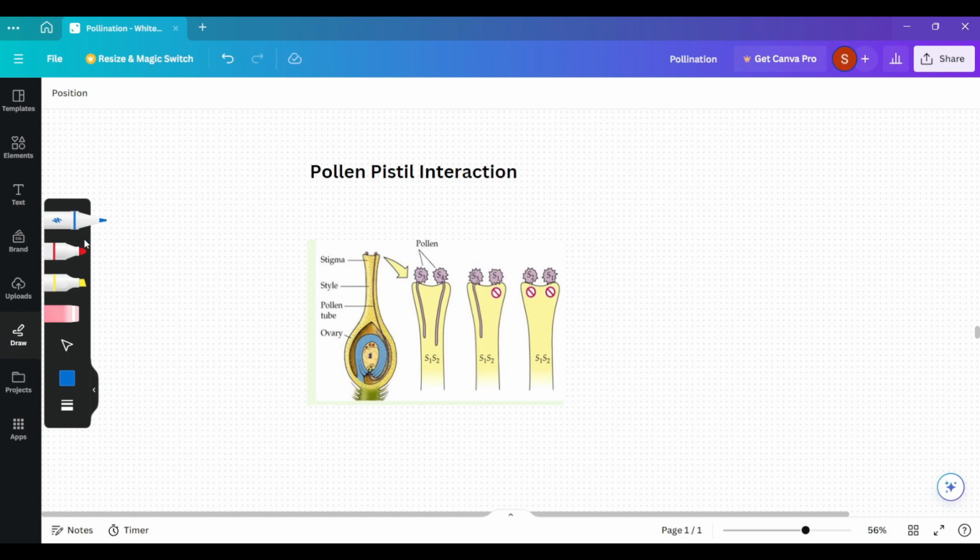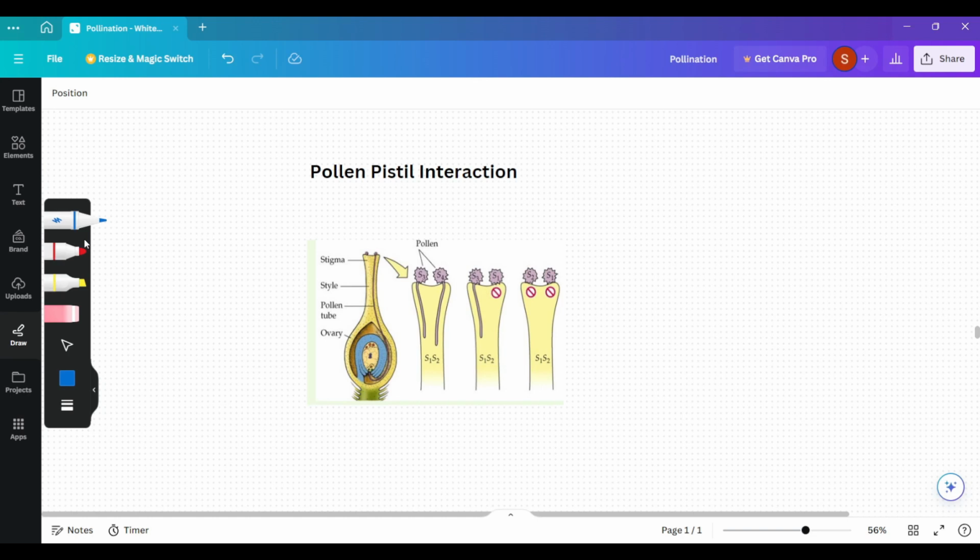Now, this compatibility is recognized by the pistil. The pistil has the ability to recognize which is the right pollen to germinate, or which is the compatible one, and only that pollen grain will be allowed to undergo the post-pollination events.